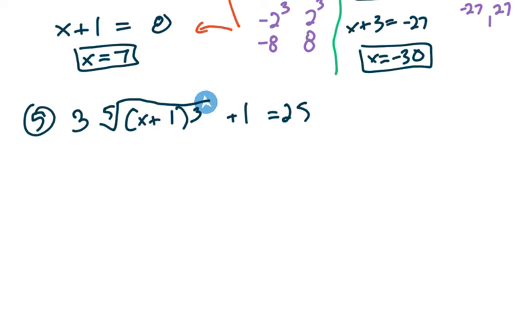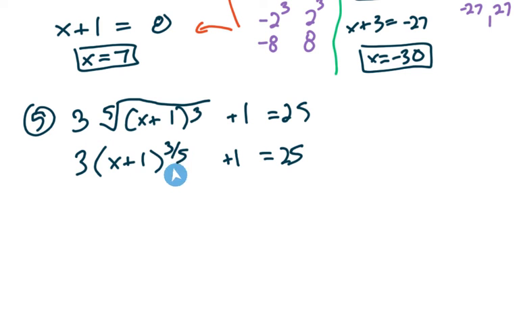You could leave it if you'd like and solve it, but I like to rewrite it. It makes it, in my opinion, a little bit nicer. So this is 3 times x plus 1 to the 3/5 power plus 1 equals 25.